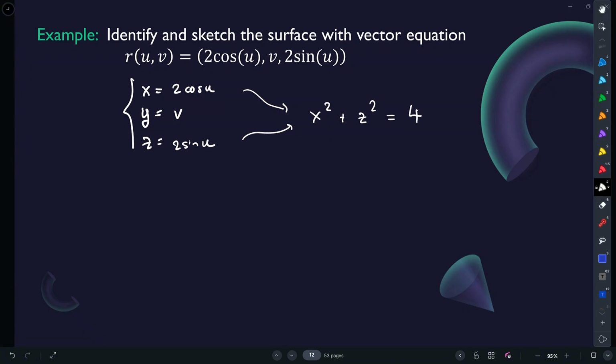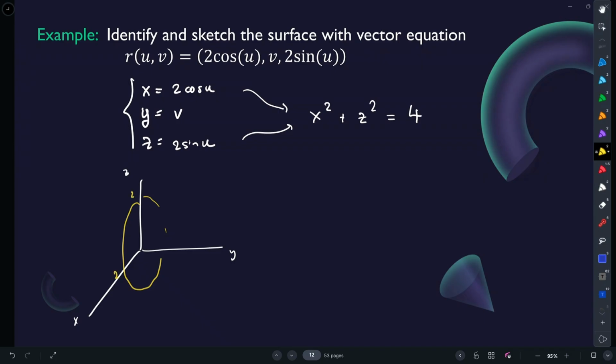So what this tells me is that when y is 0, so in the xz plane, my cross section is a circle of radius 2.